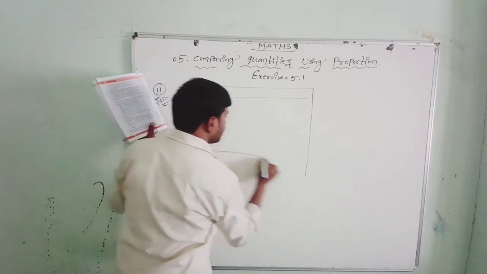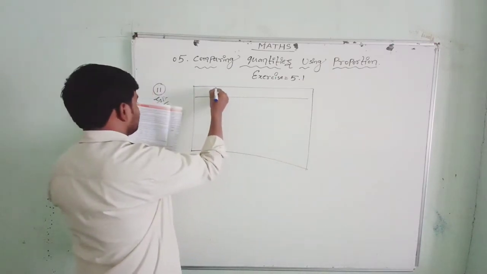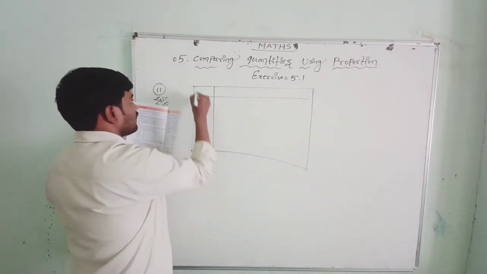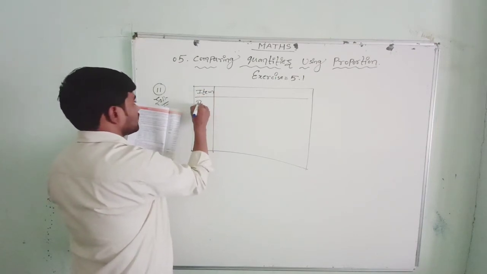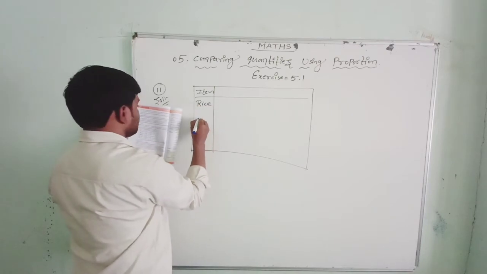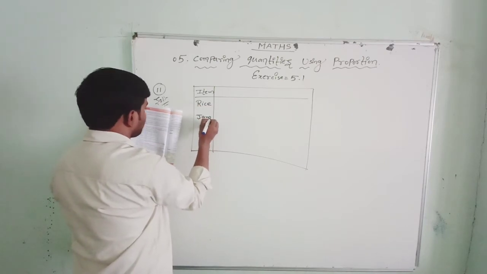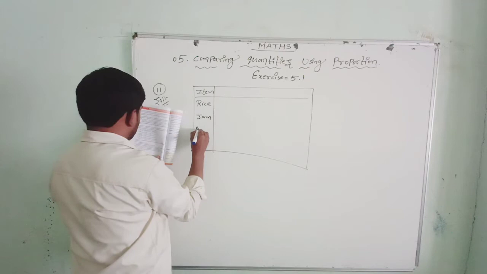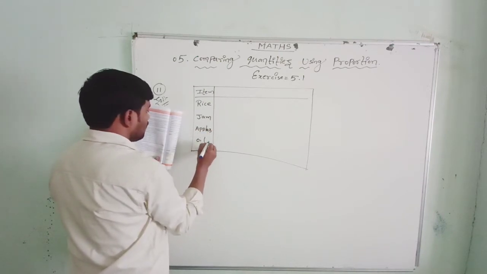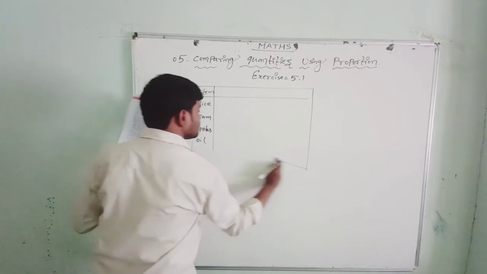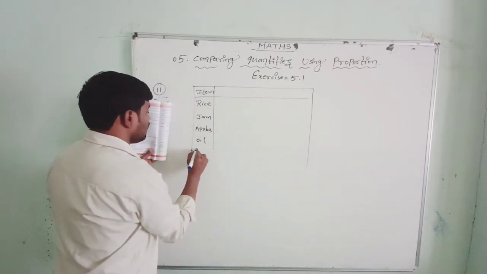This table I can fill after solving the problem. Item: here rice, here jam, here apple, and oil. The last one is dal.